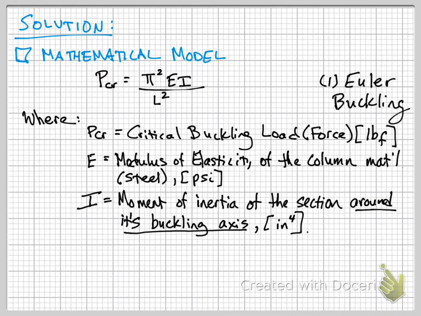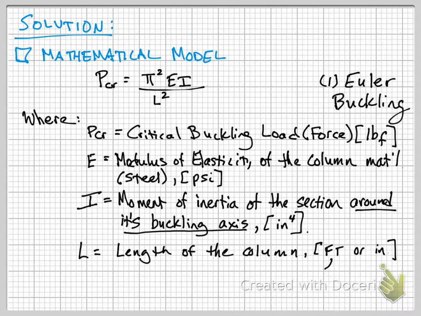We'll talk about that here in a moment. And finally, L needs to be the length of the column in feet or inches, and I'm going to point out here that this needs to ensure unit agreement. So don't forget to do your unit analysis.